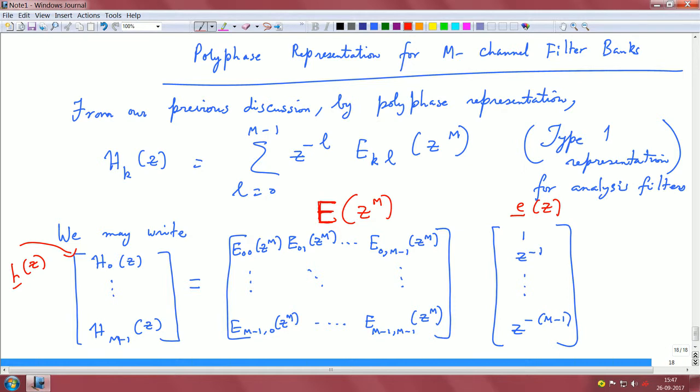And you can see that in matrix form h of z is E of z power M times e of z. Okay. So, this is writing it in matrix form.